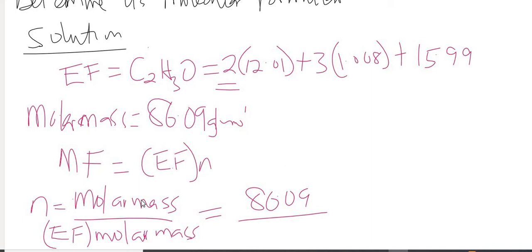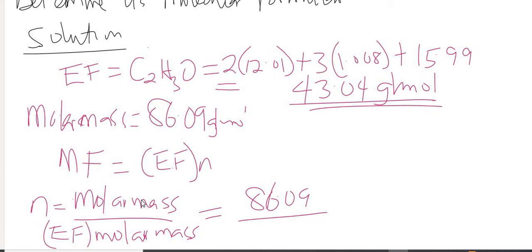When we add all this together, it gives us 43.04 grams per mole. We plug it into this place. It becomes 86.09 over 43.04 grams per mole, and this gives us 2.